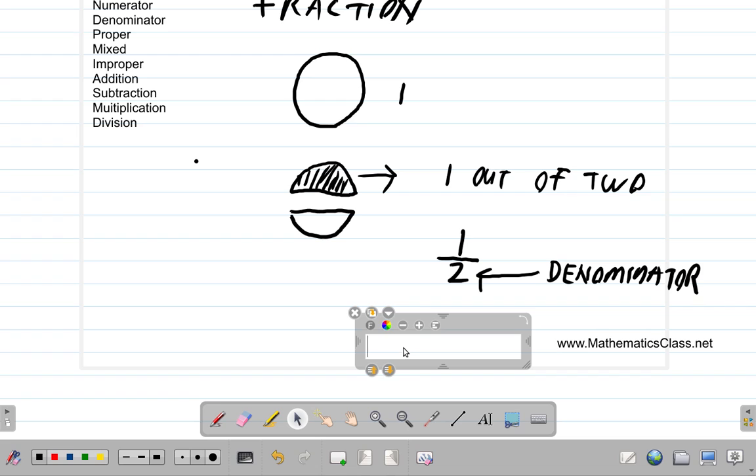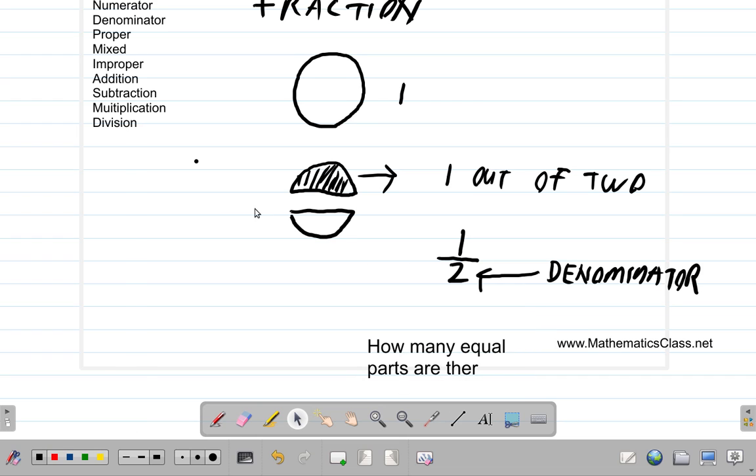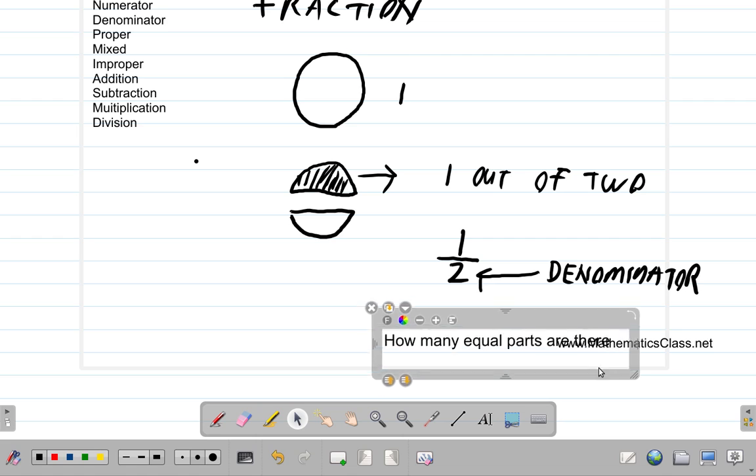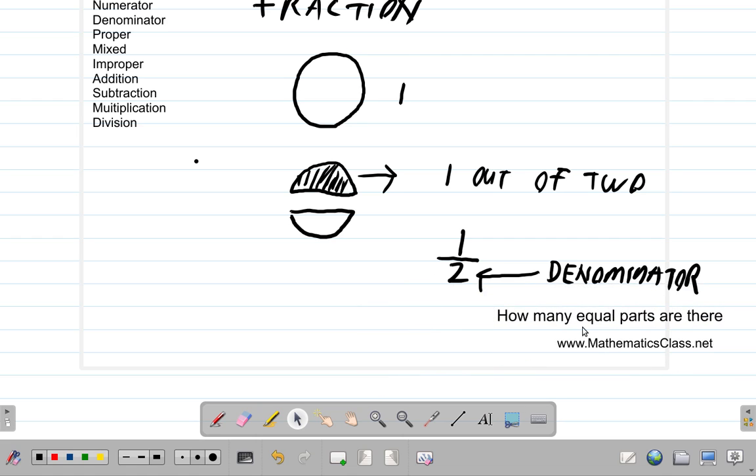So, this is how many equal parts are there. How many equal parts are available? You see. Alright. So you can say also the total number of equal parts. That is the denominator.